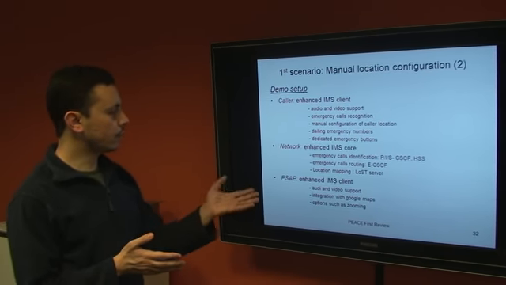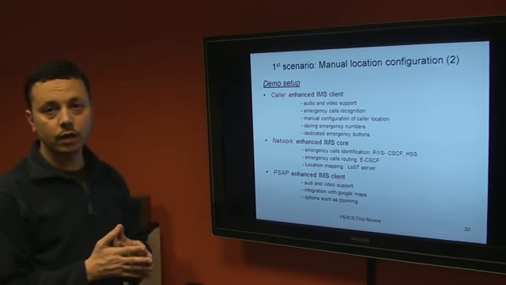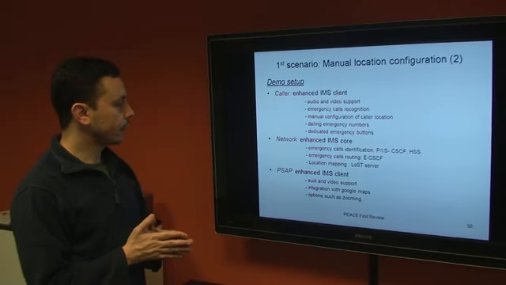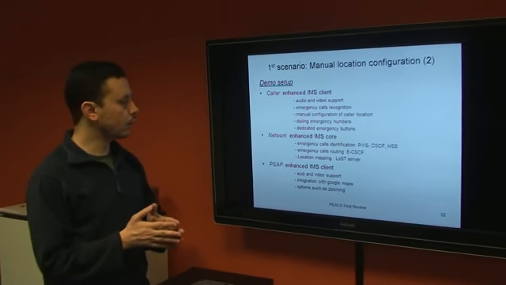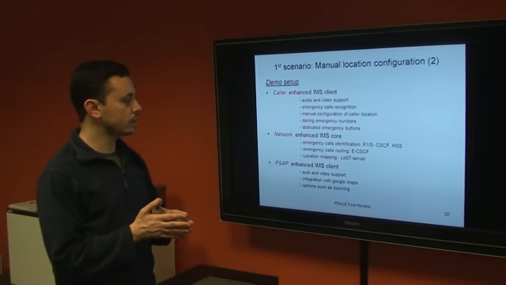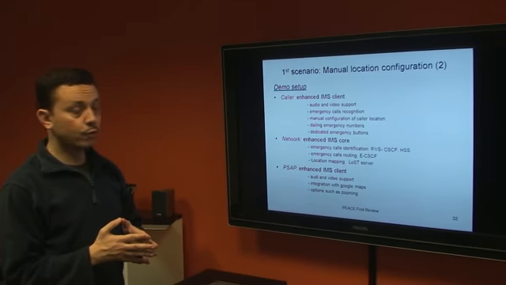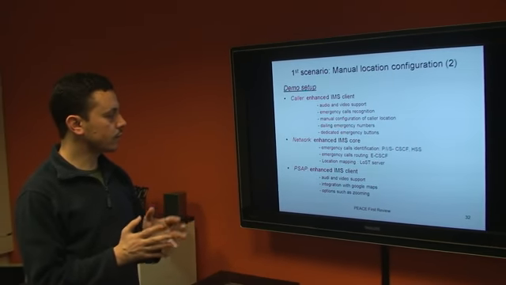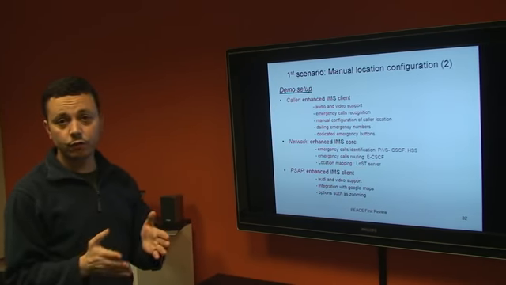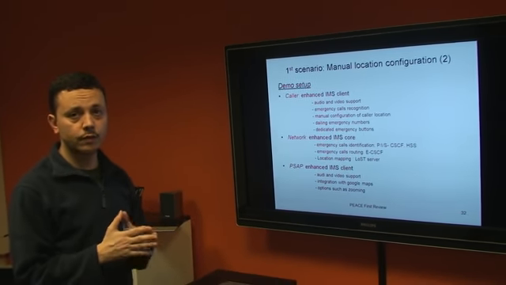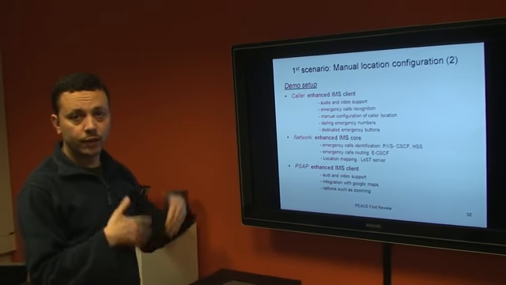And for mapping the caller location and the service to the PSAP URI, we have used the LoST server. The LoST server in our case is an open source implementation provided by Columbia University, but modified because this implementation just provides information about the United States, so we were somehow obliged to look for data related to Europe and upload it here.